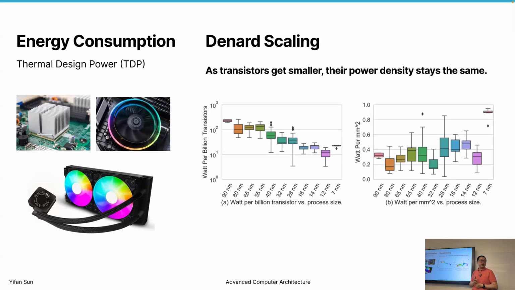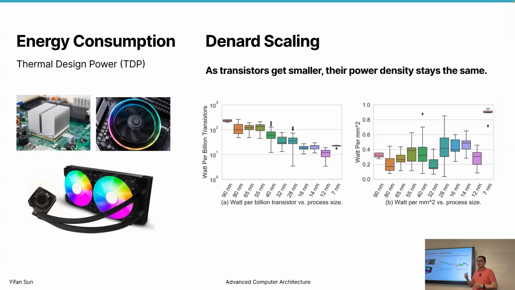What is the dark silicon effect? It means if we want to stay within TDP, we cannot have our whole chip working at the same time. So we either have to turn off some cores, some part of memory, some caches, or we turn some fine-grained registers off to save energy.